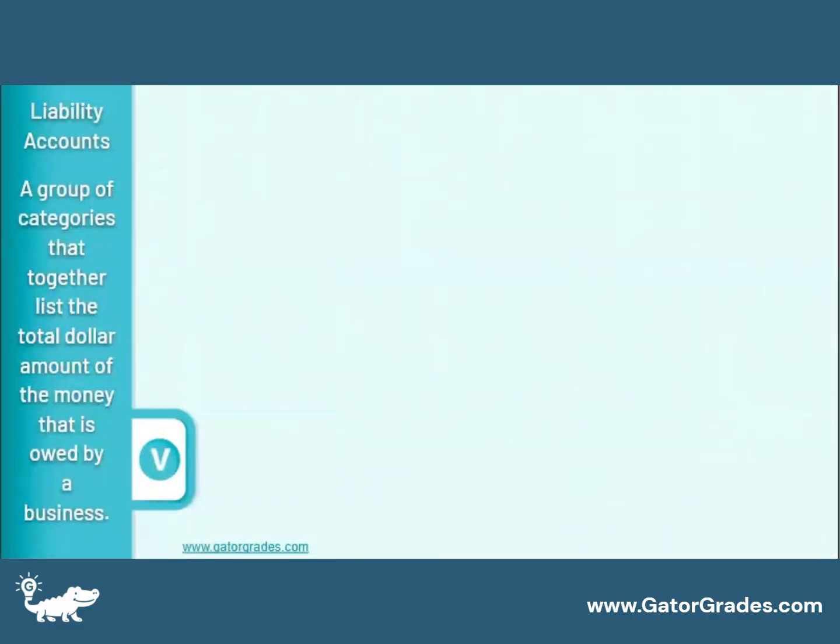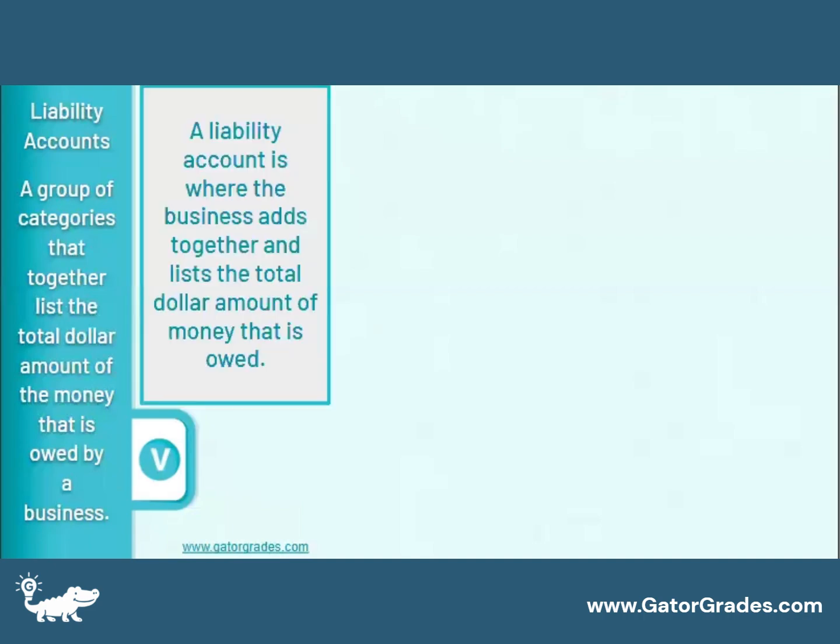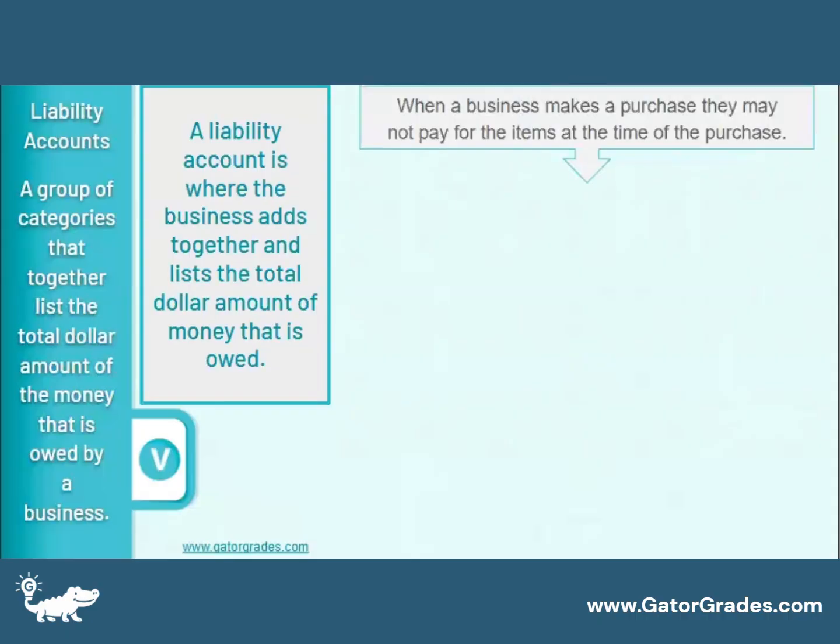Liability accounts are a group of categories that list the total dollar amount of money that is owed by a business. A liability account is where the business adds together and lists the total dollar amount of the money that is owed. When a business makes a purchase, they may not pay for the items at the time of the purchase.